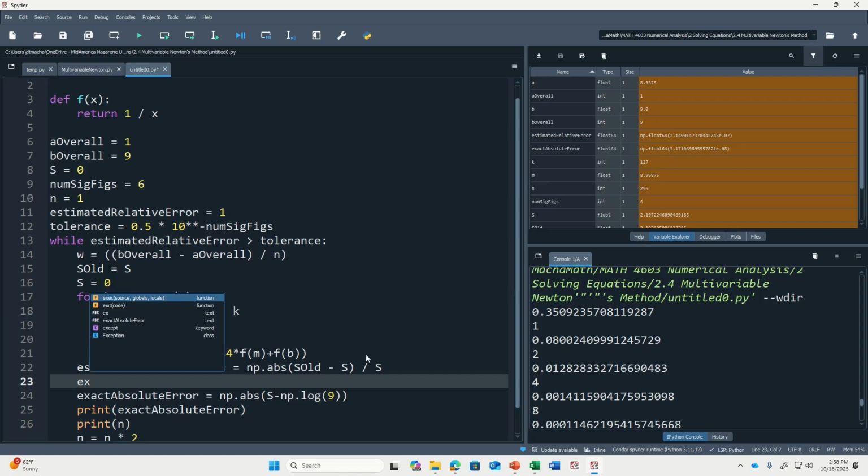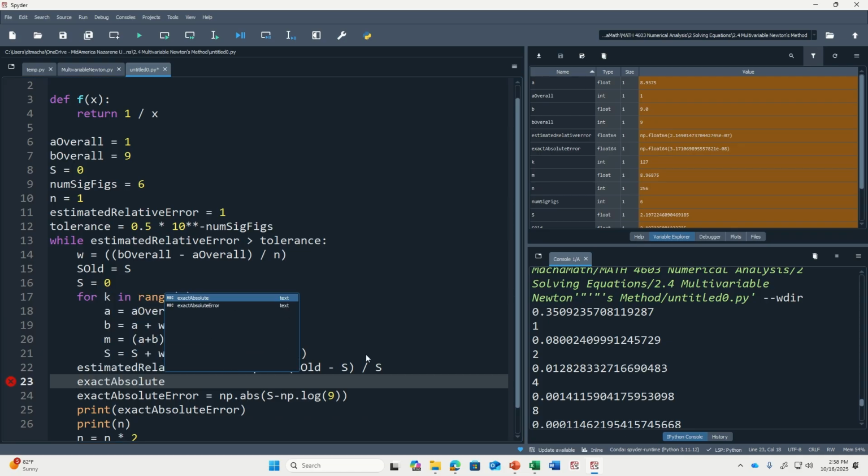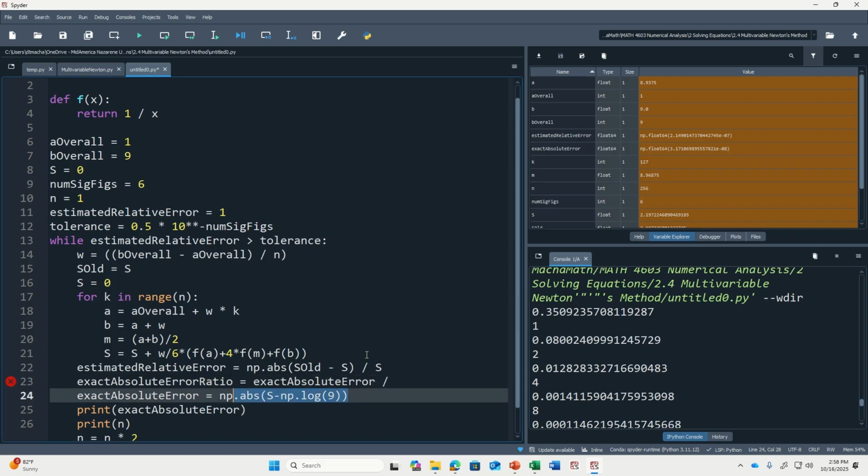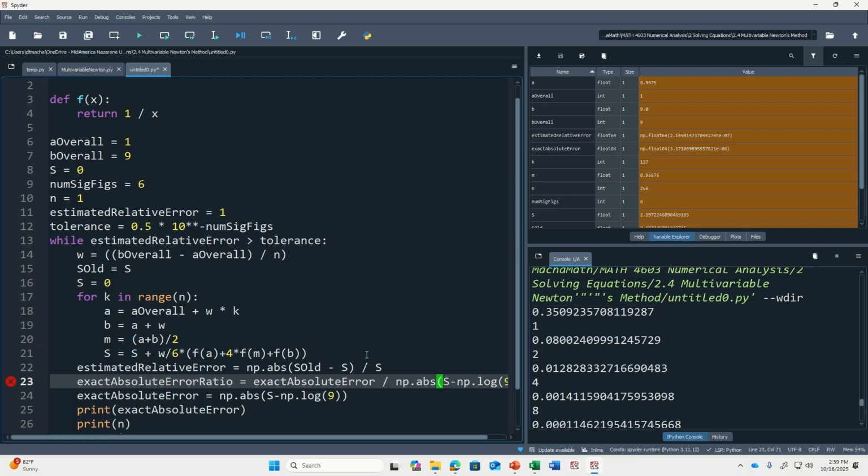I'm going to come up with a new variable, exact absolute error ratio. What this is going to do is it's going to take the exact absolute error and divide it by the new one. And that way I can see if this number is close to 16.